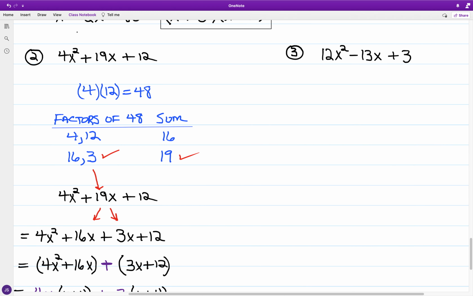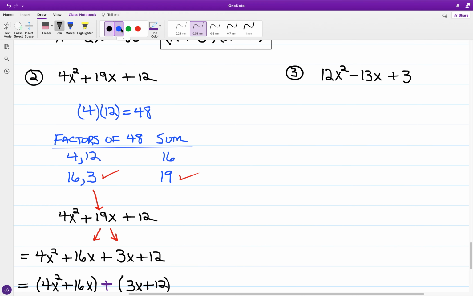Looking at setting up the stage for factoring by grouping, the leading and last coefficients are 12 and 3. 12 times 3 is 36. And we need factors of 36 whose sum will be minus 13.